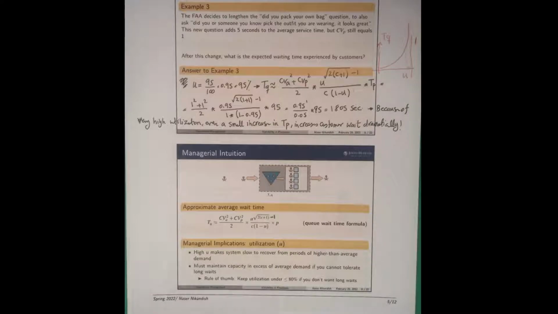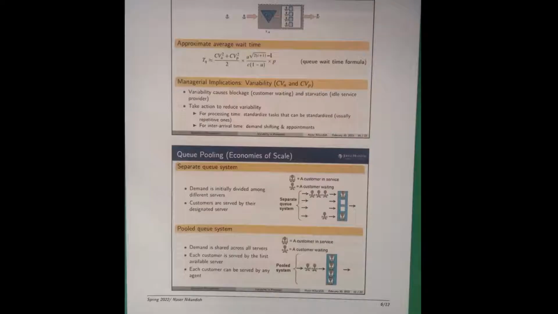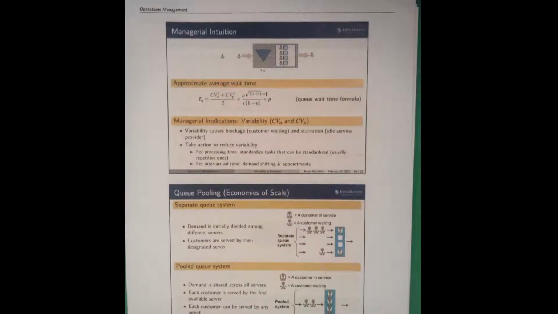This question comes up in classes all the time: what is a good number for utilization? Anything 80% or below is the rule of thumb for a good utilization. But once you go above 80%, the tiniest disruption in process, increase in processing time, is going to have a huge impact, mostly on the negative side, on customers.